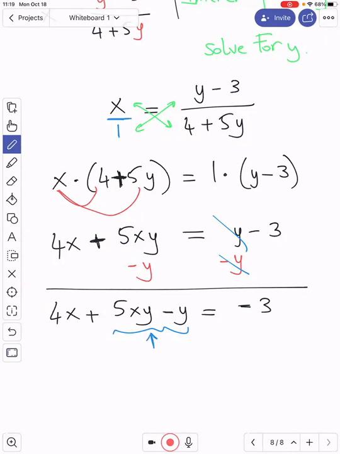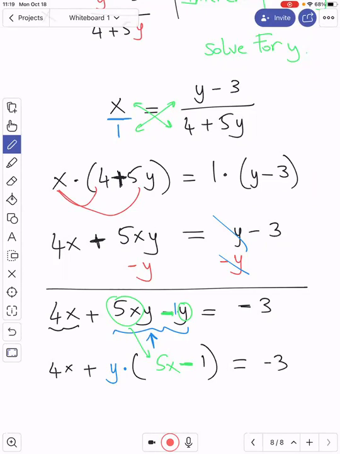Okay, so here y would be a common factor. So I can factor out my y. If you pull out the y, you're left with 5x, there's this 5x right here. There's this minus. And if you pull out y, you have y right here, so this is like 1 times y. So if you pull out y, you are left with 1. And there's this 4x, of course, plus, and here's negative.